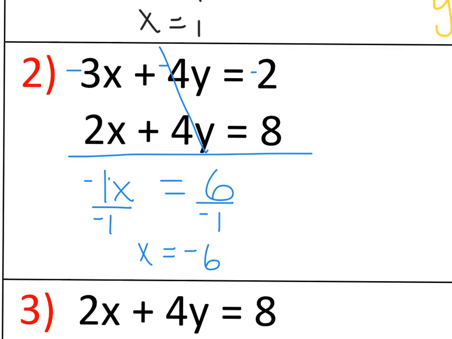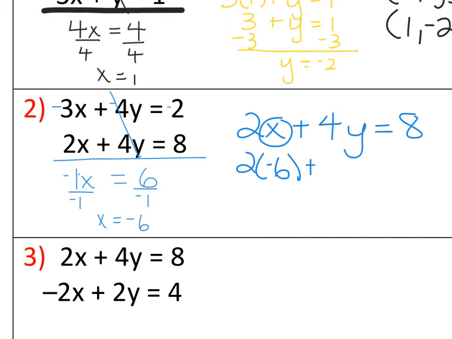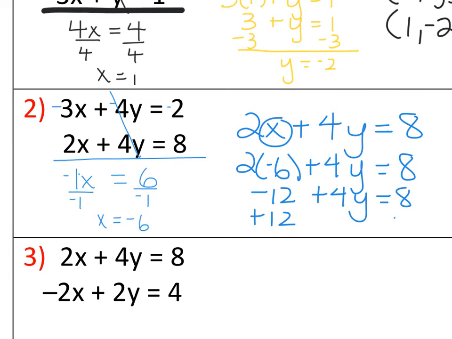Okay, so you are going to take one of the equations. This time I'm going to use the bottom one because everything on the bottom one is positive. And instead of the x right here, I'm going to plug in -6. So -12 plus 4y equals 8. Add 12 to both sides. 4y equals 20. And I divide by 4.